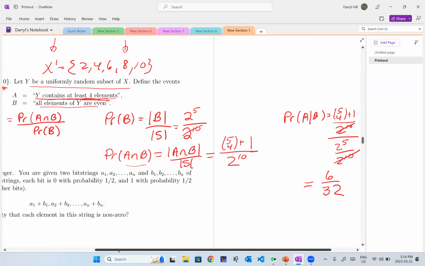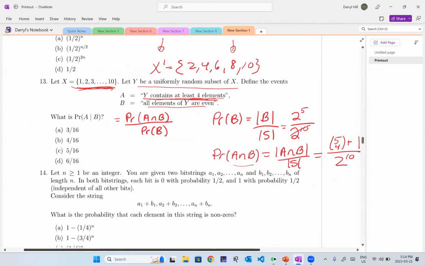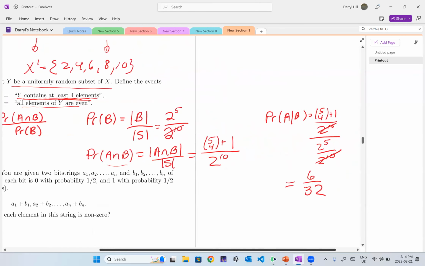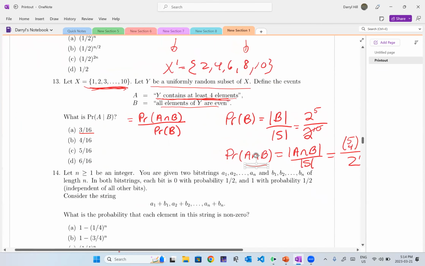All right, so it's not as bad as I thought. 6 over 32 is 3 over 16, right? So the big nasty 2 to the power 10 canceled out, and we're left with something I could compute by hand.